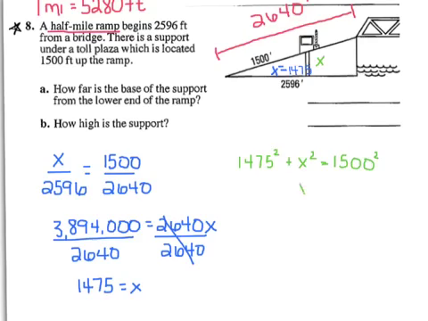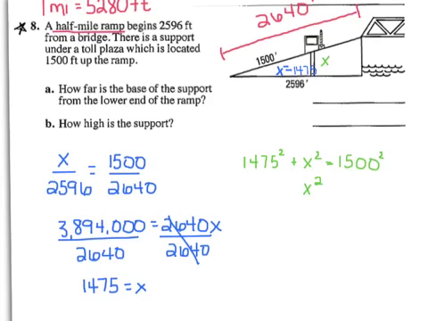So then I end up with x squared equals 74,375. Then I would take a square root of both sides, and I end up with 272.7.